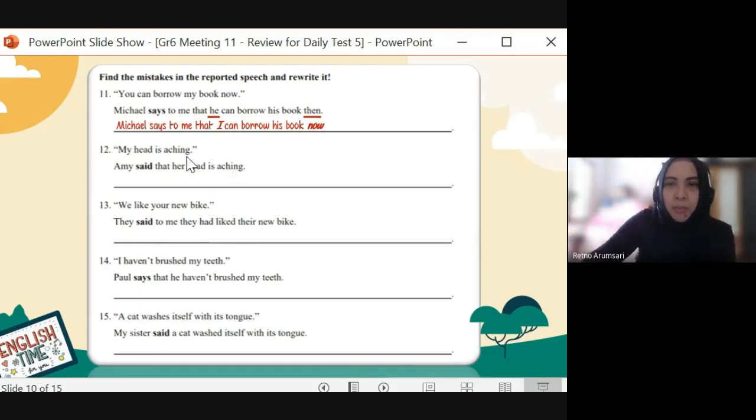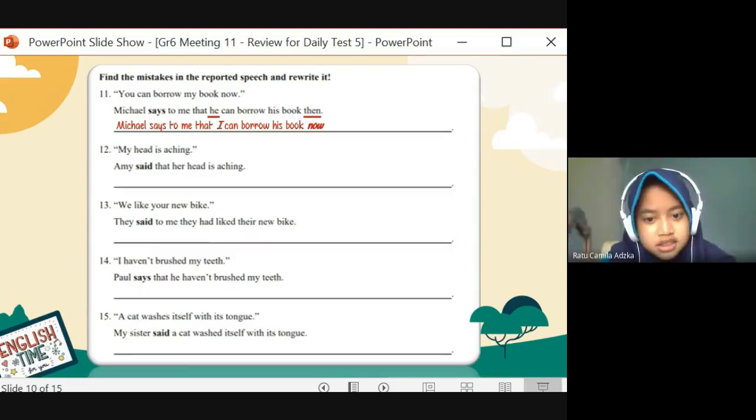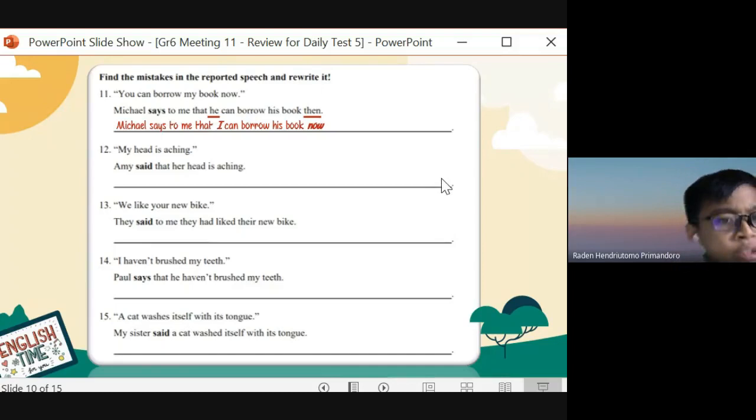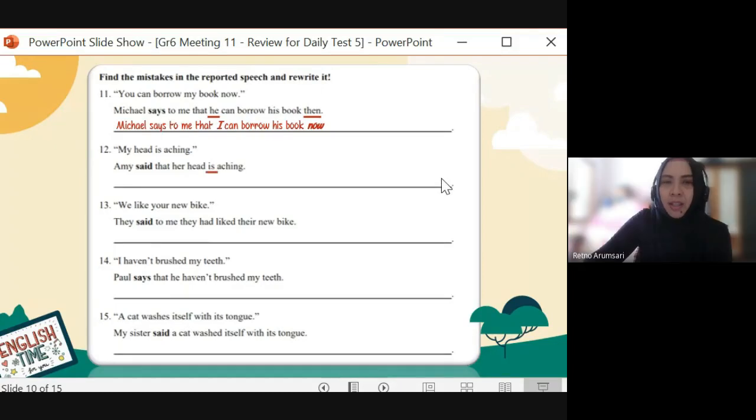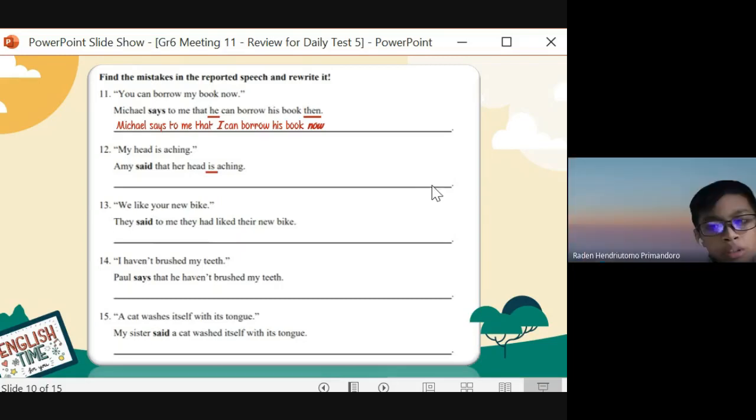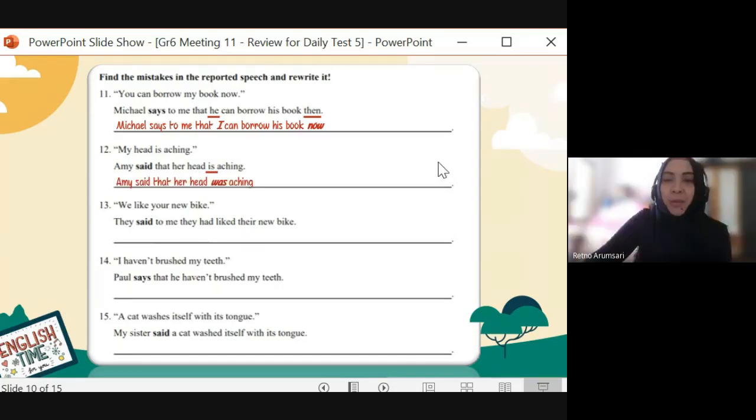Can you find a mistake here in number 12? The is. Yes, the is. How do you fix it? Change it to was. Yes, change it into was. Good job. All right. Because the same word said is used, you need to change is into was.